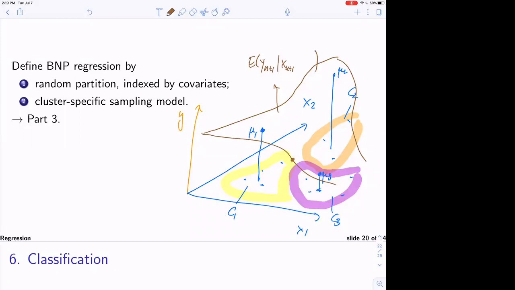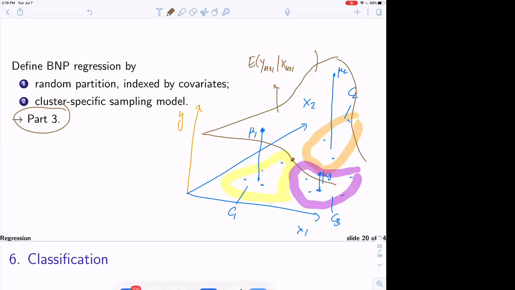But by the time we average it out, we get a nice response surface. I will talk about it still tomorrow, because I want to first talk more about probability models for the clustering. I want to talk about probability models to create this yellow, purple, and orange cluster.